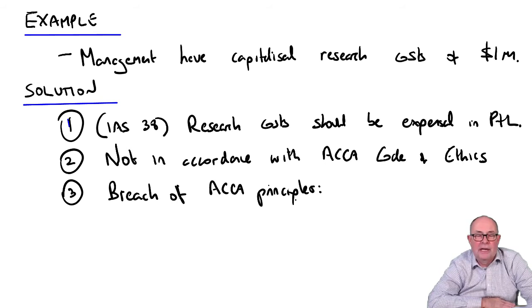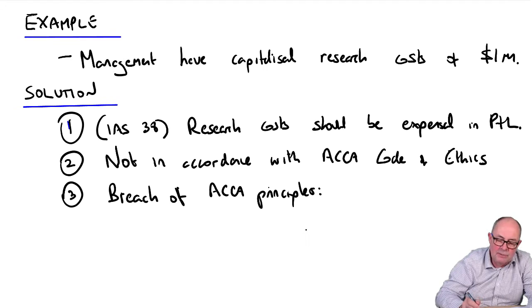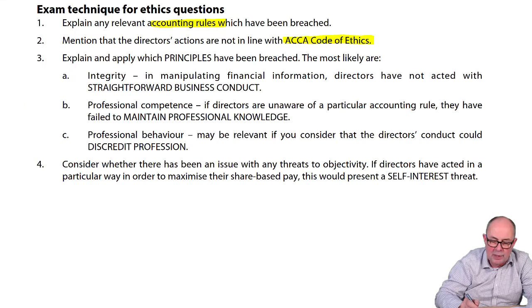Do not, and I say this again, do not write out the 5 principles. That will annoy the marker a lot. Pick the ones that are relevant. And the ones that are usually relevant most of the time are integrity and competence.